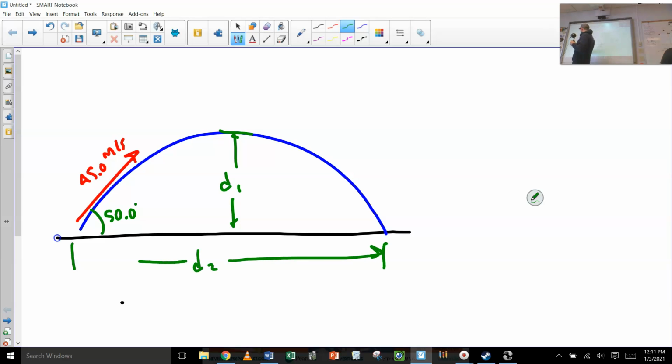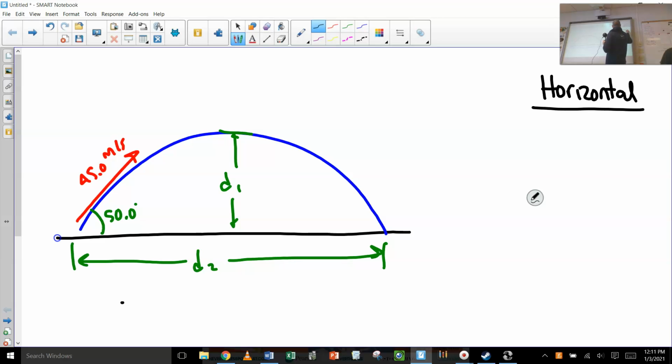So one of these is a horizontal distance, distance 2, and one of these is a vertical distance, distance number 1. So step number 1 that we do in these problems is break things into their x and their y components.